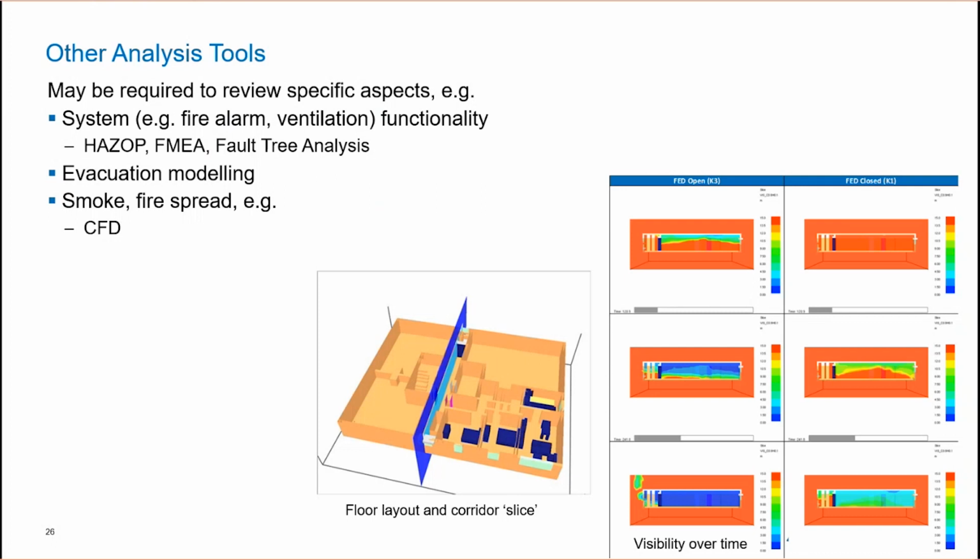So there are other tools that can be used at that point: hazard and operability studies, failure modes and effects analysis, fault tree analysis. All of those would allow us to ask very detailed questions about the operation of the fire alarm system, the ventilation system. How might it fail? Where are its weaknesses at that point?